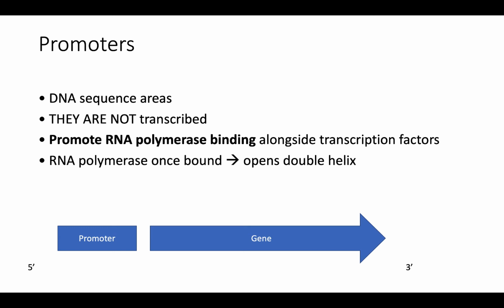Regarding the promoter region, I think I mentioned what we need to know, but again we have to double check that these are DNA sequence areas. This is very important. I don't know why people get confused about it. This is a DNA sequence.